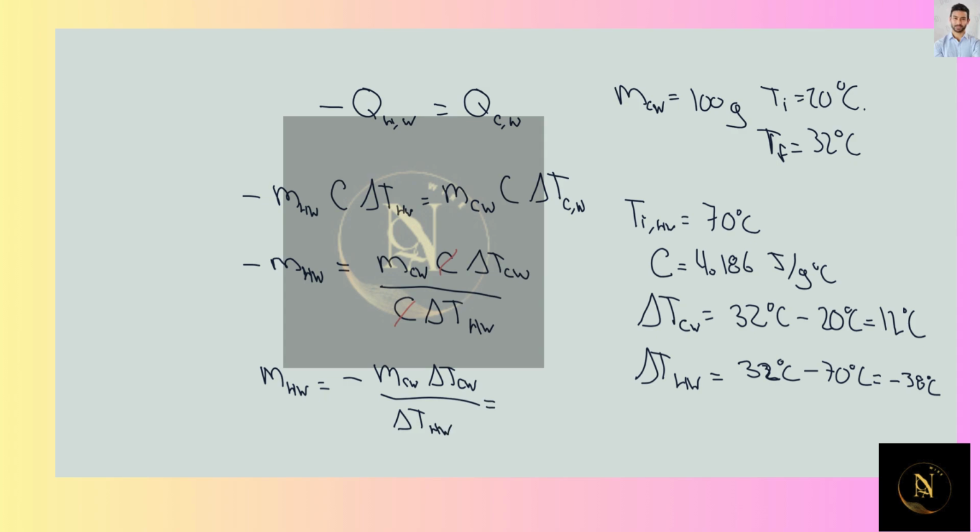Replacing the values that we got, this is minus 100 grams times delta T for cold water, which is 12 degrees Celsius, divided by delta T for hot water, that is minus 38 degrees Celsius.